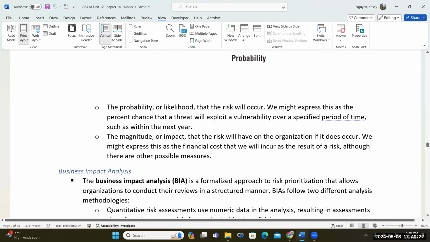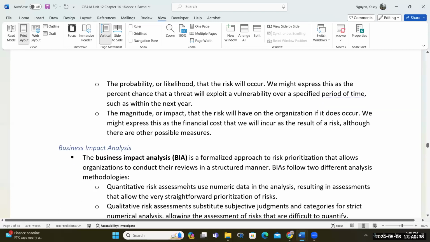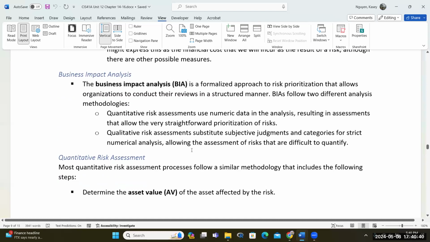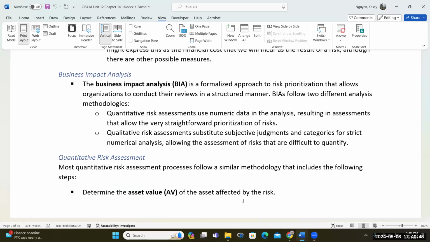So you want to put down the probability or the likelihood that it would happen, and the magnitude or the impact level for that risk. So when you do a business impact analysis, a BIA, you need to include these. Either you qualify or you quantify, sometimes both. Okay.